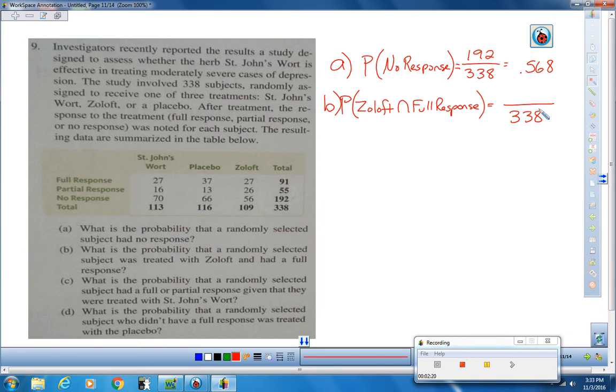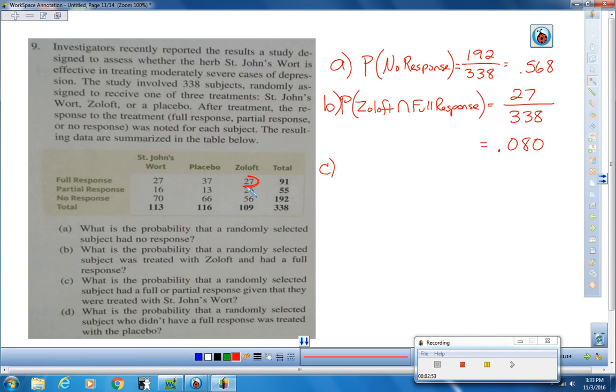We're just looking now at the people that had a full response and took the Zoloft. So this is the 27 that we have here, this 27 out of our 338. And I will go ahead and reduce that as well. And it's actually 0.0798, so I'm going to call that 0.080. I know the third zero there is not necessary, the third number being a 0 is not necessary. Just showing that I rounded off.